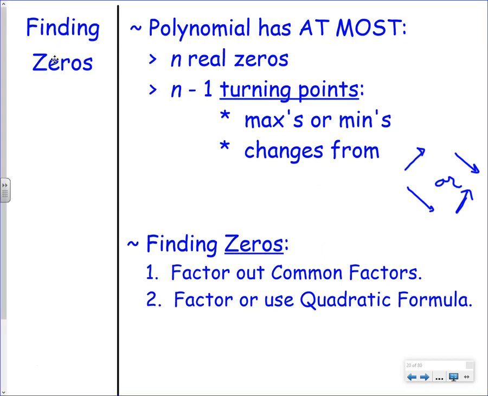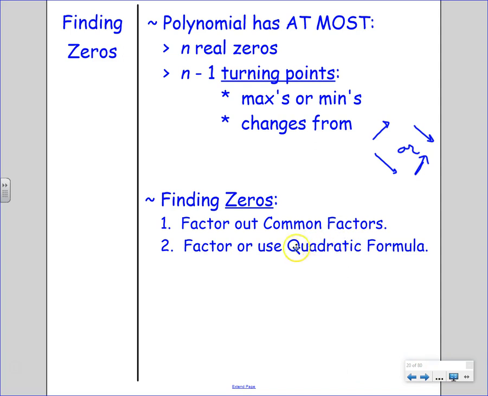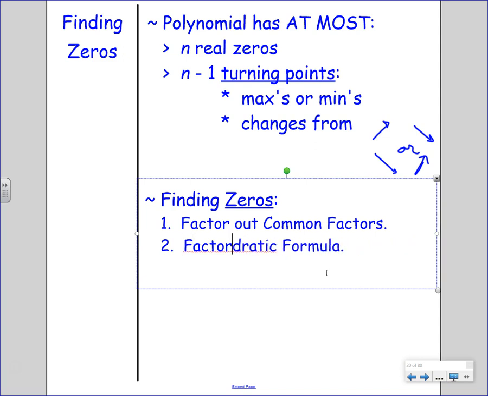The struggle is finding zeros. We'll get into factoring. I'm going to use the quadratic formula. That might be a tool that we use. Completing the square might be a tool that we use.